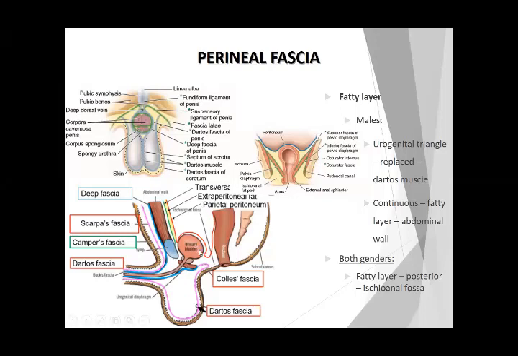So in males, it is replaced by dartos muscle. Follow this, and then it is continuous into the fatty layer of the anterior abdominal wall. Here also, surrounding the scrotum, this yellow is the fatty layer containing the dartos muscle.